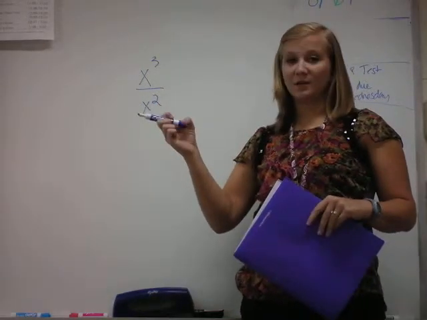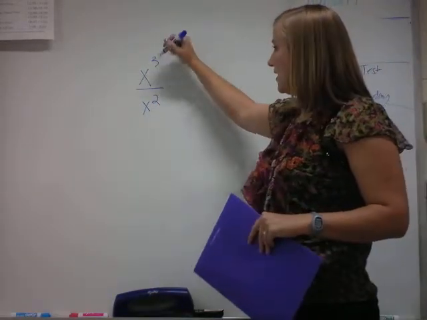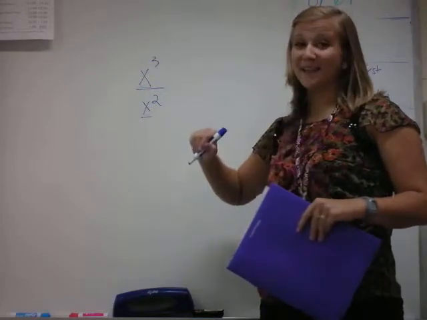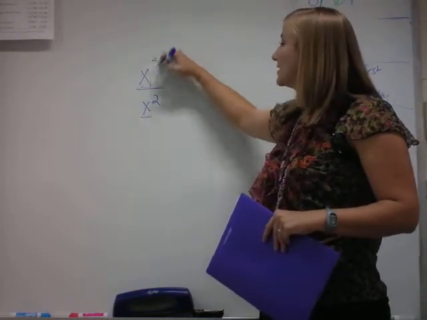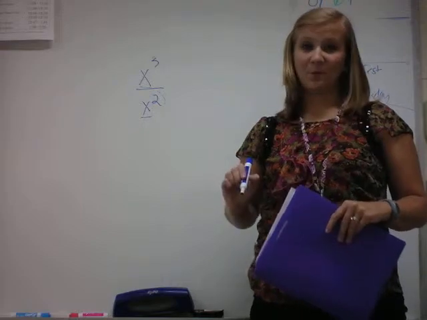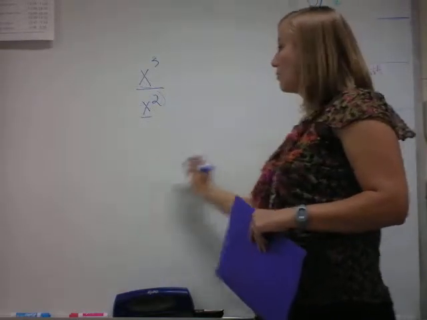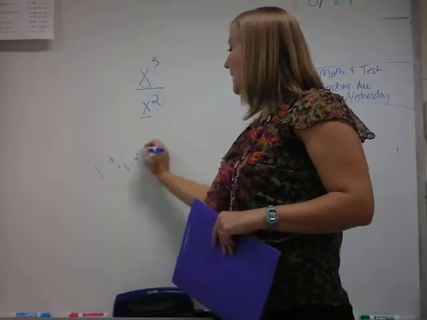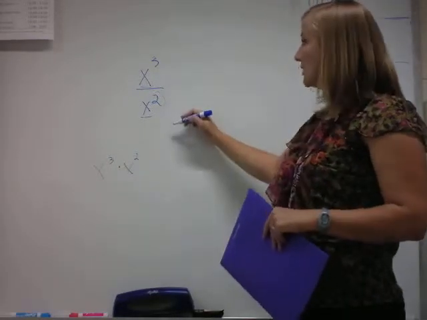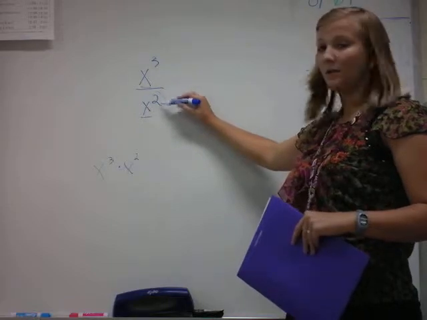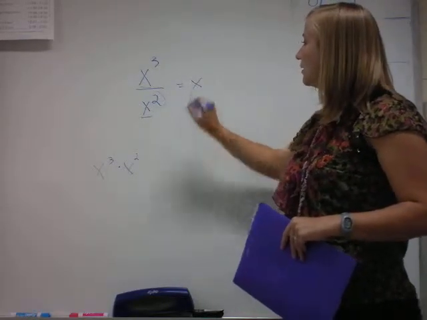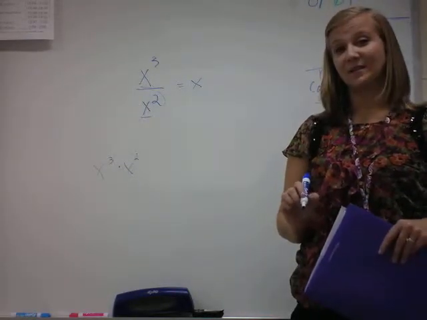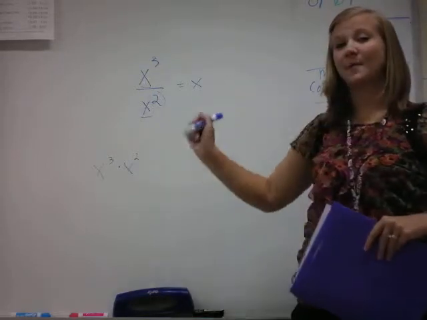What we do here is if they have the same base, we subtract the exponents. So like when we multiply numbers, we add the exponents. In this case, we subtract them. So 3 minus 2 leaves us with x, okay, or x to the first power.